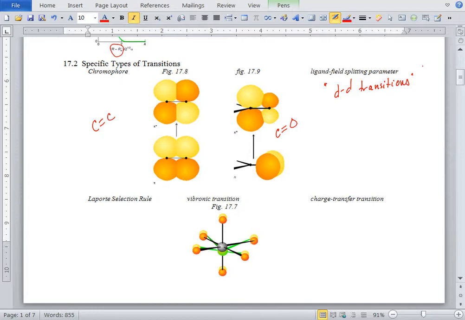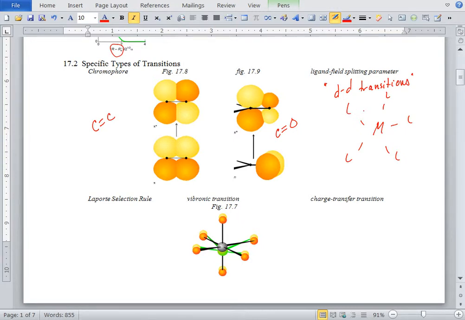So what they're going to do is take the atomic orbitals, right? You've got your metal, I'm trying to remember this. You have a bunch of ligands around there. This is probably a little simplistic, but that's the idea.